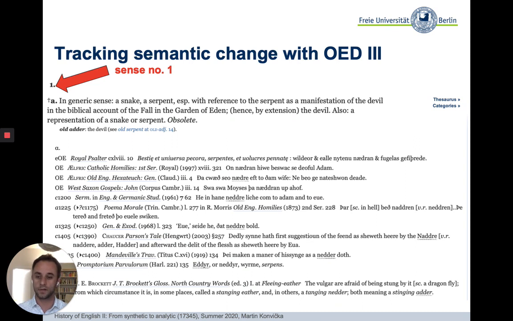And also the information that it is now obsolete. This is also marked by the small cross that you find in front of the small a. This means that this sense is lost in present-day English. And then underneath, you see the different examples from different periods which illustrate this use of the word.